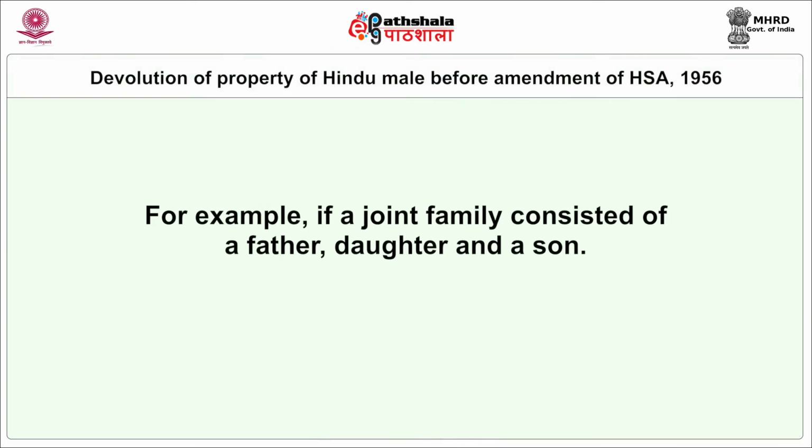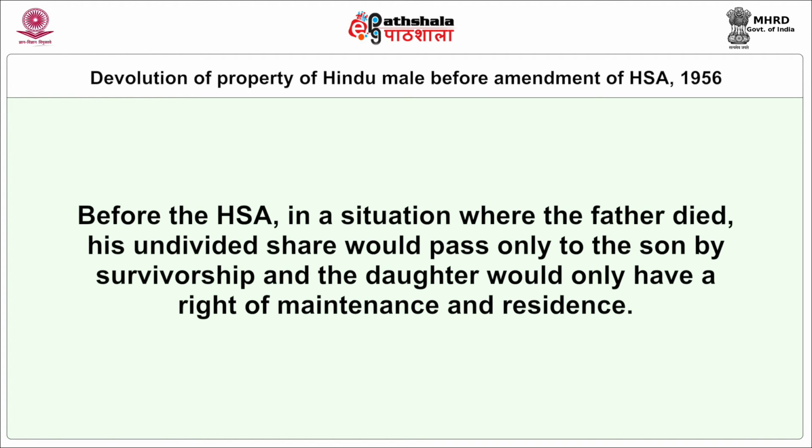For example, if a joint family consisted of a father, daughter and a son, before the HSA, in a situation where the father died, his undivided share would pass only to the son by survivorship, and the daughter would only have a right of maintenance and residence.